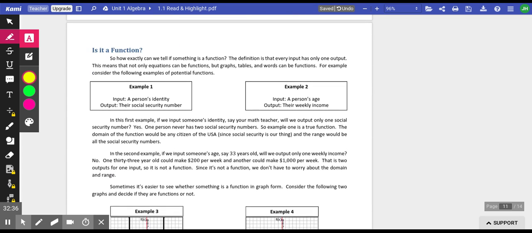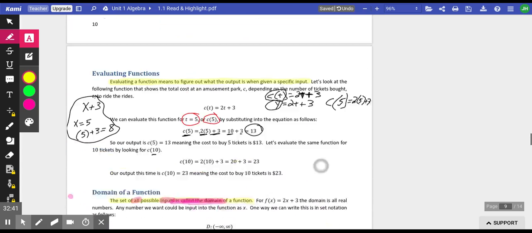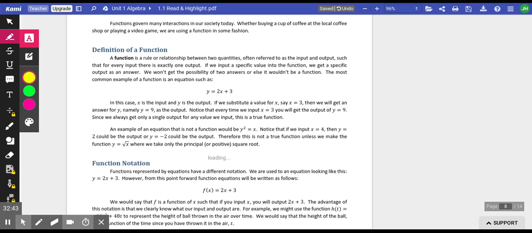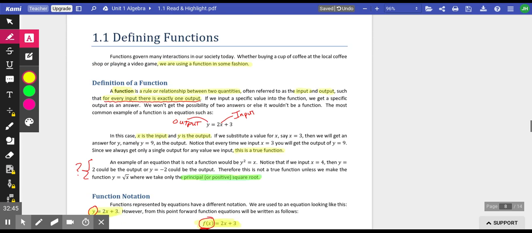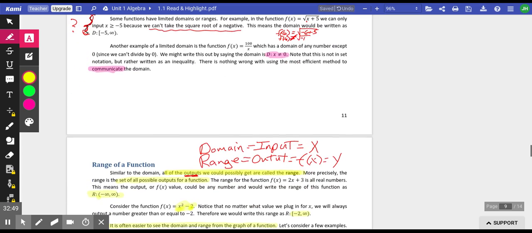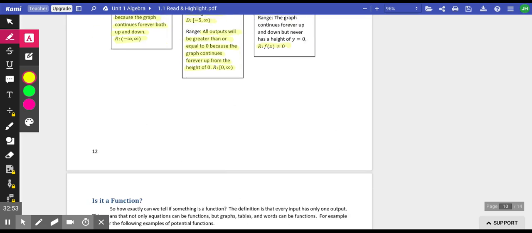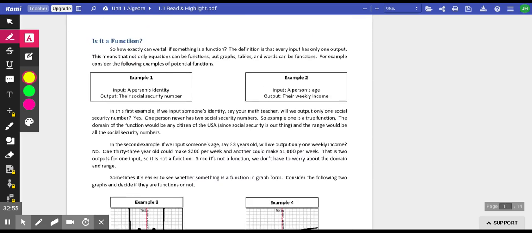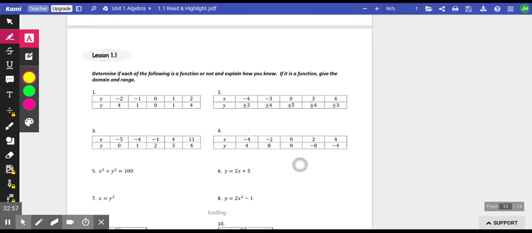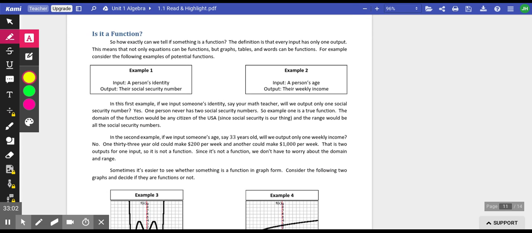I hope that you're starting to grasp the idea of what I mean by read and highlight. I've already done more reading and highlighting for you than I did for my students last year. I've also thrown in some of the ideas that I would be teaching you in class. There's still one more page of notes, and I want you to read and highlight that section yourself.